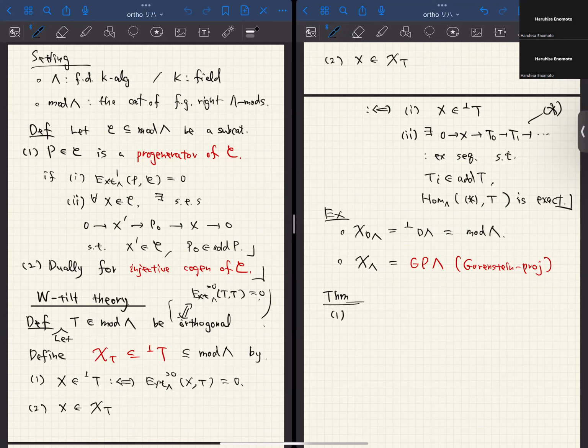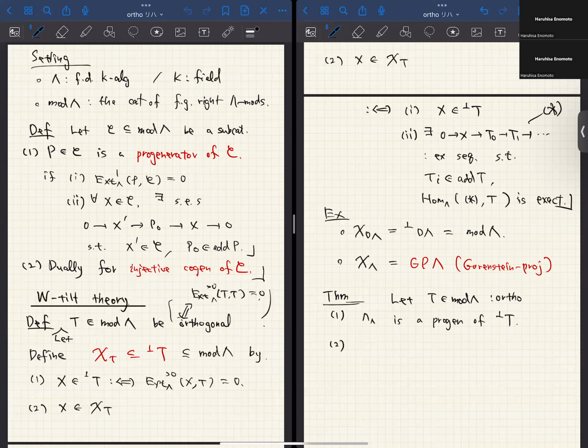The first is, so let T be an orthogonal module. The first is about our property. So lambda is a progenerator of T-perp. This is relatively easy to show.